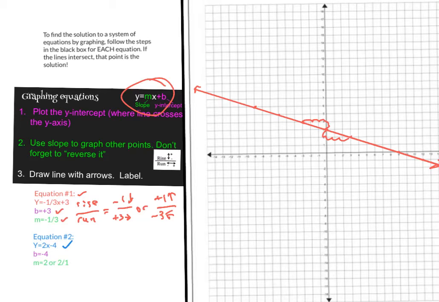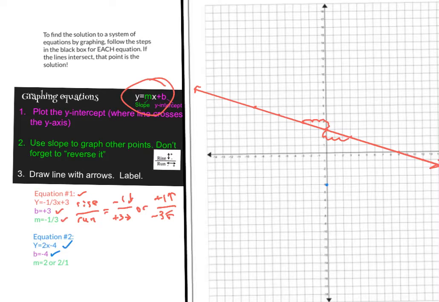I'm going to follow that same process now with equation number 2, y equals 2x minus 4. Again, I'm lucky it is in y-intercept form. So I know that my b is going to be negative 4, and that is my starting point on the y-axis. So I find negative 4 on my y-axis, and I put my starting point.